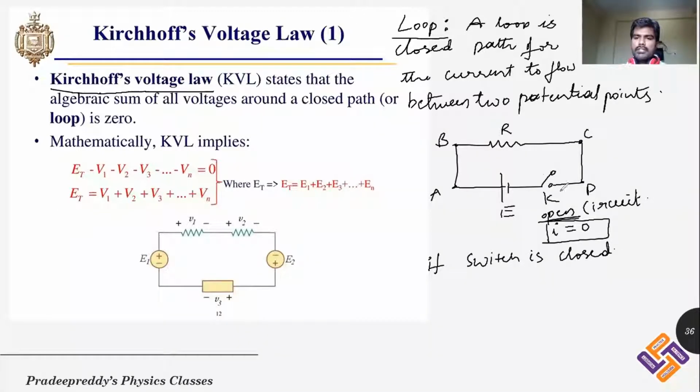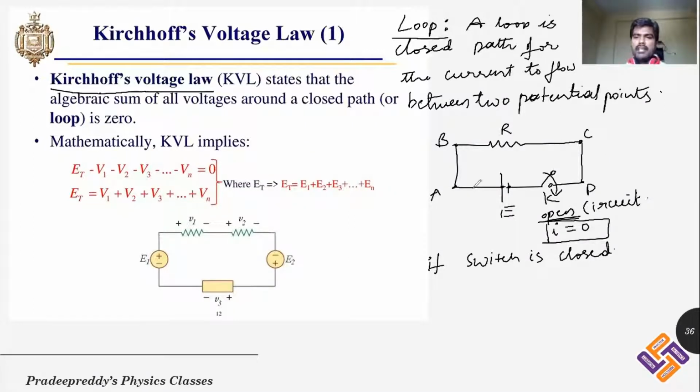you are closing this switch. As a result, the positive potential of the battery and the negative potential of the battery, these two terminals of the battery are connected with your wire along with your resistor. So there is a closed path between the high potential, that is the positive potential of the battery, to the negative potential of the battery. You are connecting opposite terminals of the battery with a wire.